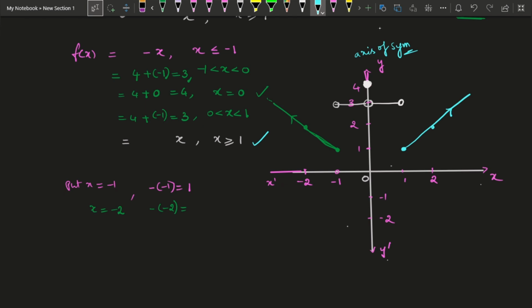Hence it is an even function. By the graph we can say that f of x is an even function, because it is symmetric about the y-axis.